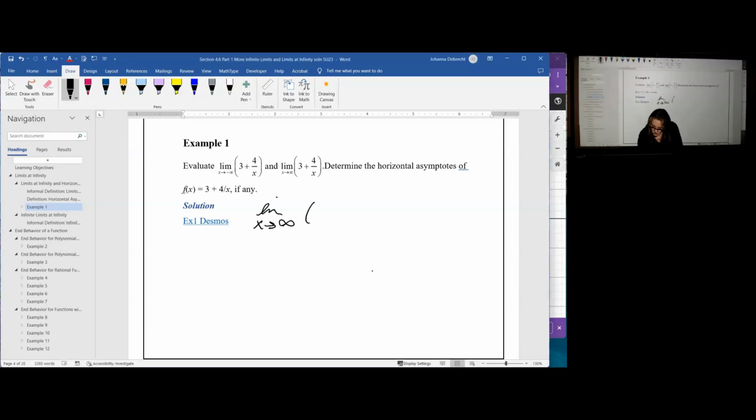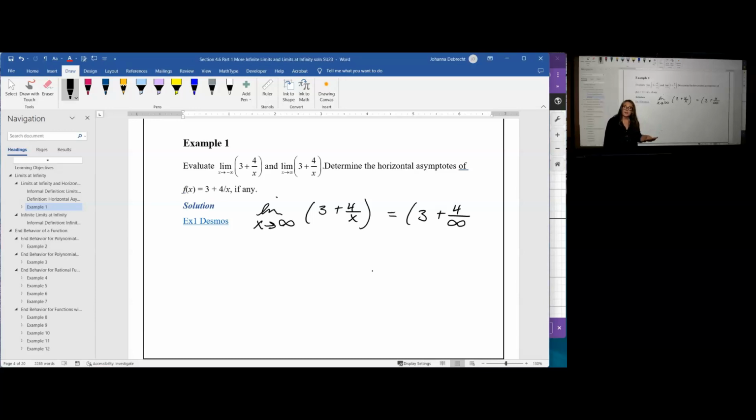As this is going to infinity, remember that the first thing we always try to do is substitute the value of a in for the variable x. In this case, it's not actually a value, it's a direction. However, if I envision what happens as x goes to infinity to the fraction 4 over x, I can visualize that this becomes 4 divided by ever increasingly large numbers.